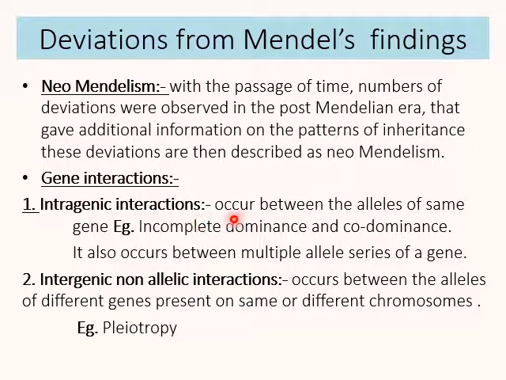It occurs between the alleles of the same gene. Example, incomplete dominance and codominance. It also occurs between multiple allele series of a gene. While intergenic non-allelic interaction, inter means between different types, occurs between the alleles of different genes present on the same or different chromosomes. Example is pleiotropy.